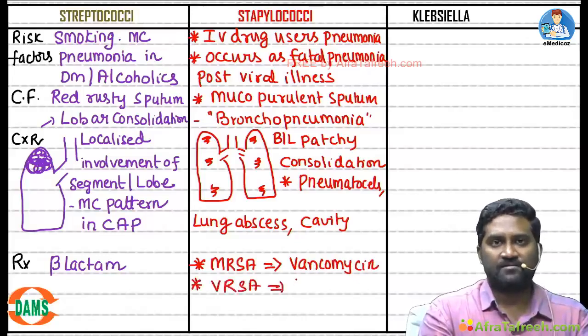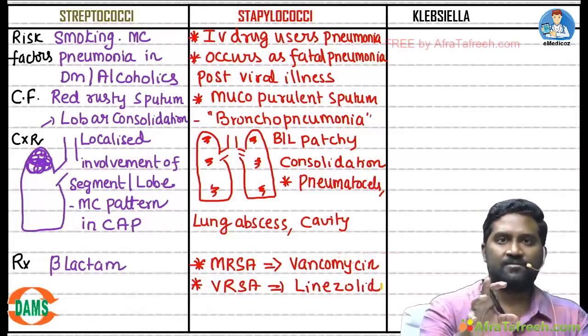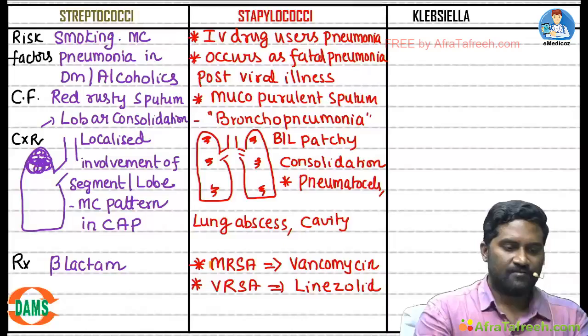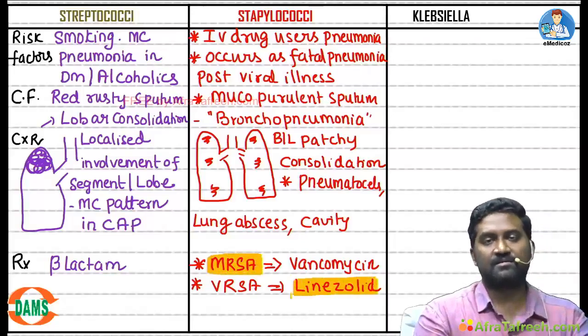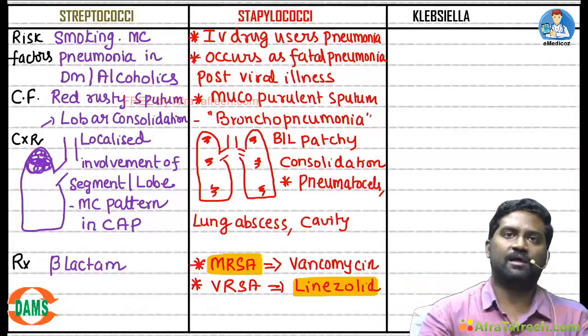If the patient is VRSA, I am going to give linezolid. Because the resistance to vancomycin is very prevalent in our community, whenever I see MRSA, nowadays we are directly going for linezolid.